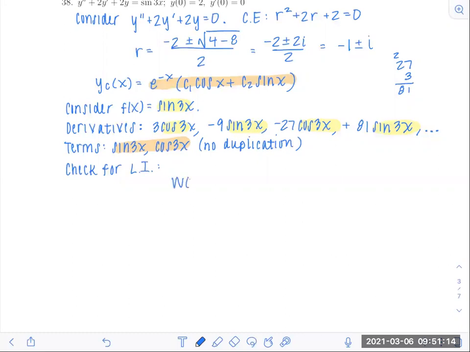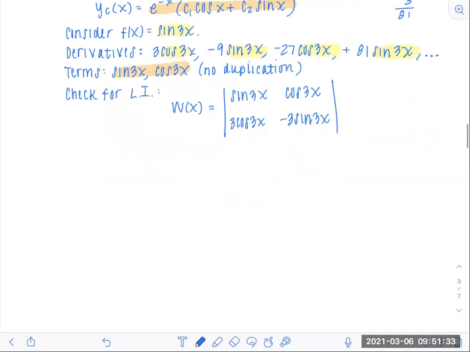So the Wronskian is going to be just a 2 by 2 in this case. We have sine of 3x, cosine of 3x, and then their derivatives, 3 cosine 3x and negative 3 sine 3x. And we can just compute the determinant of this 2 by 2. This is a negative 3 sine squared 3x minus 3 cosine squared 3x.